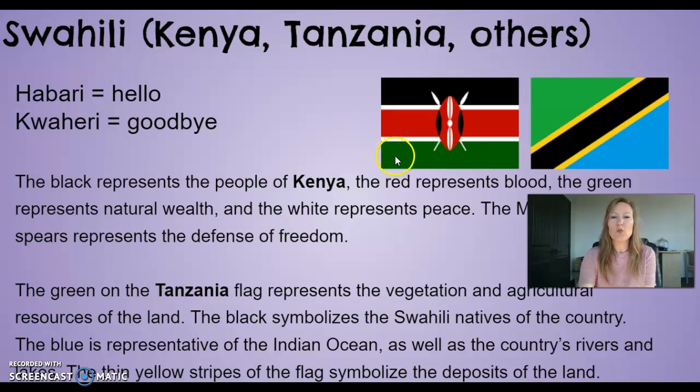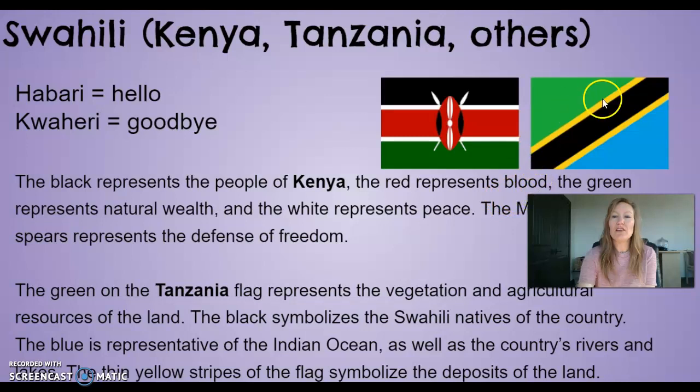The green represents natural wealth, so kind of like the natural resources of their land. And these small thin white stripes represent peace. And then you'll see in the middle what's called the Maasai shield and spears, and that represents for them the defense of freedom. So again, wanting to be independent countries and independent people.